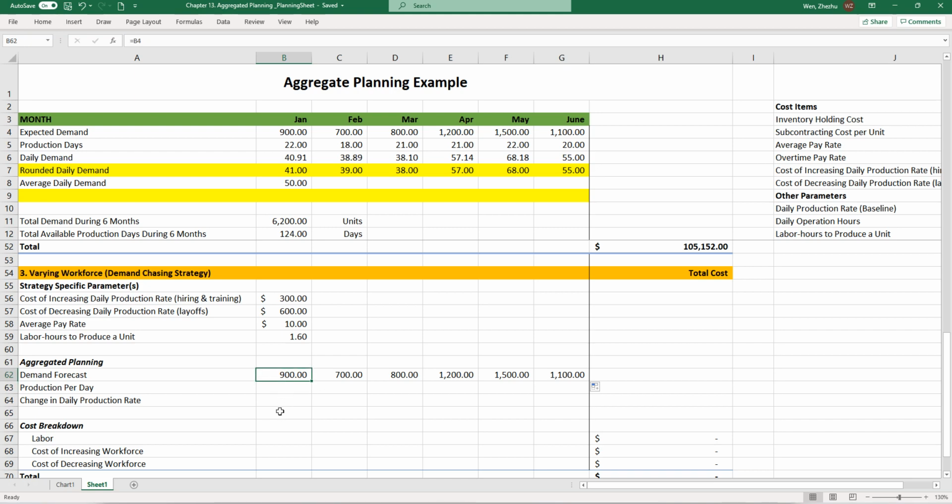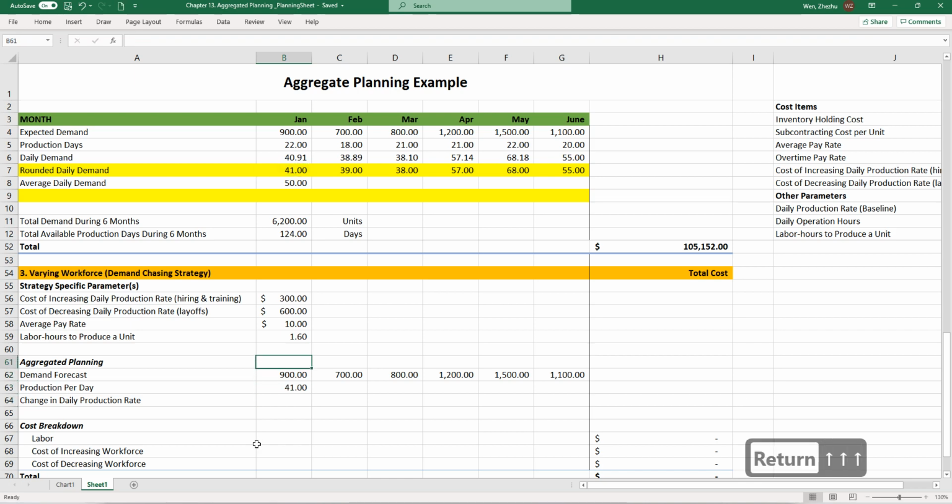I don't care how many workers you had at the beginning. I just want to keep the exact number of workforce so that they can make exactly 900 units, so that I won't have any excess inventory to carry over to the next period. So that is the characteristic of demand chasing. So the production per day in this case should be exactly the same as the rounded demand.